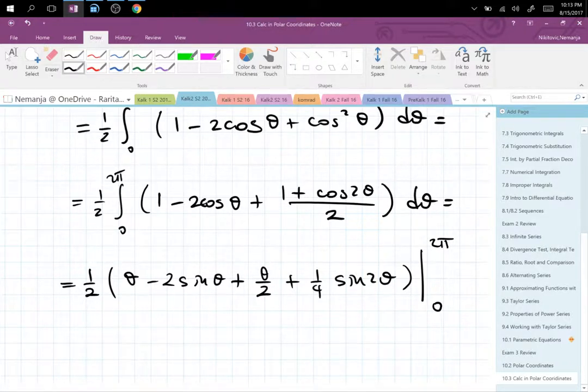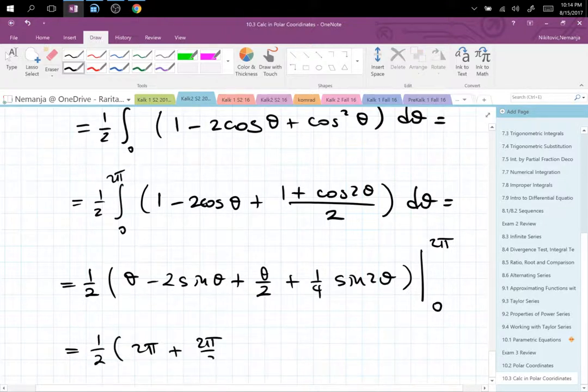So now, observe that 0 doesn't work anywhere because no cosines. And then 2 pi also doesn't work in sines because there are zeros everywhere. So the only thing that survives here is 2 pi plus 2 pi over 2. Everything else dies.